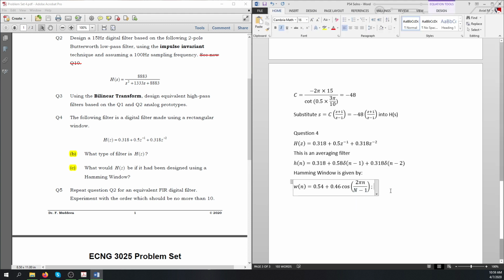And because we have 3 terms here, this means capital N here, because we have 3 terms in the filter, is going to be 3.